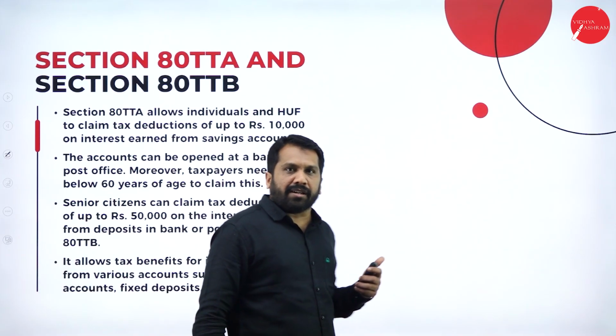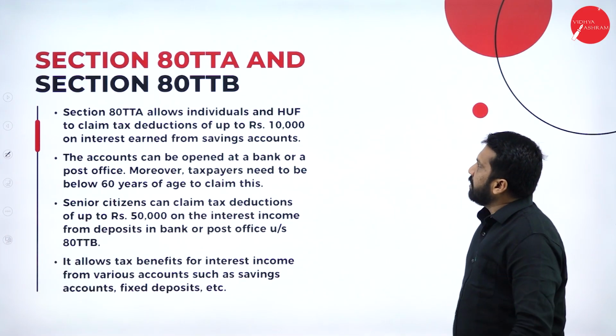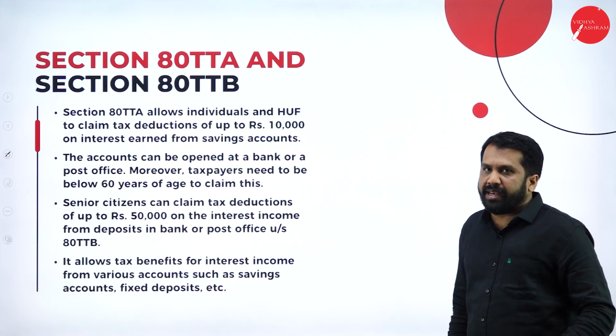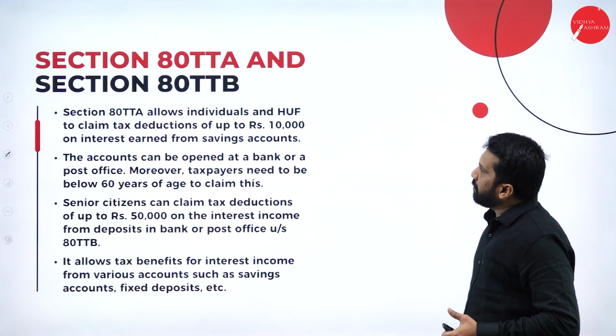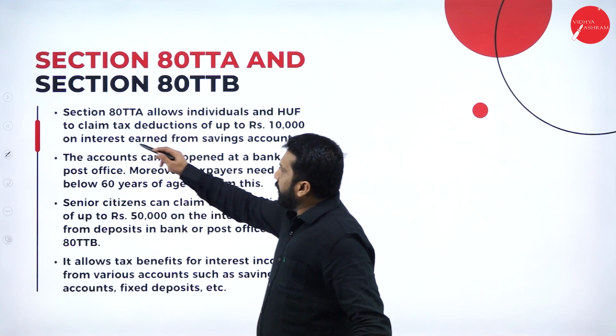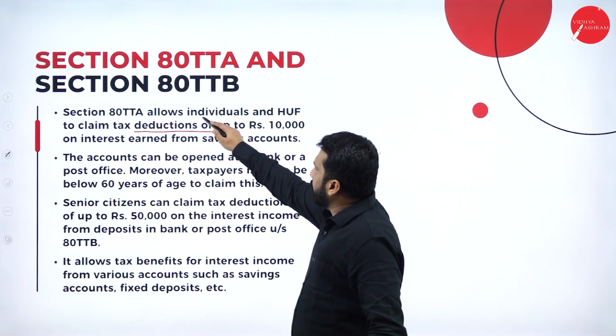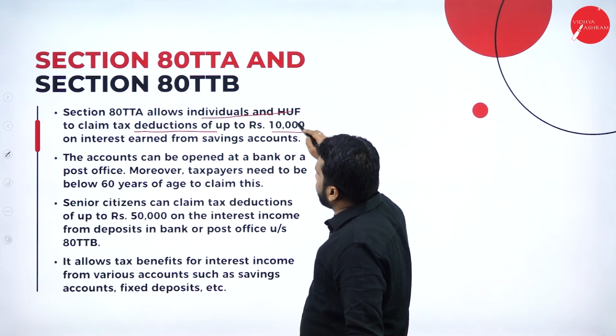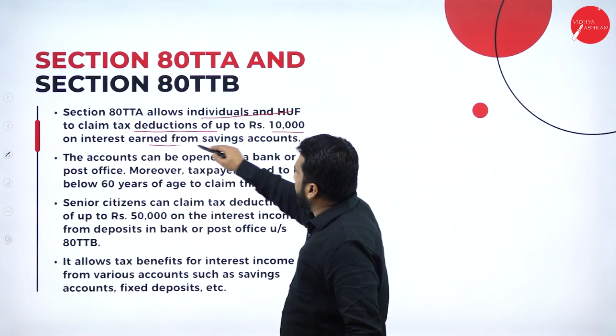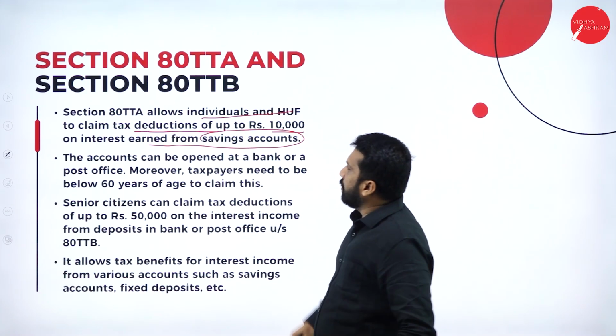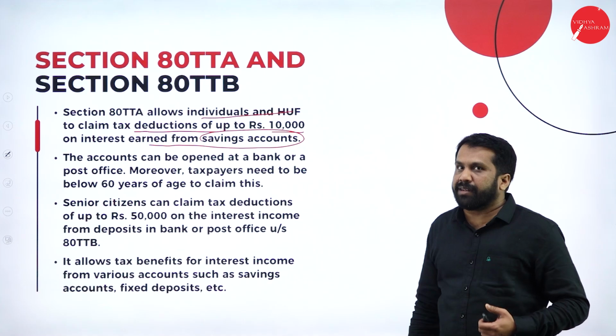Next one, once you are done with this, the next part will be section 80TTA and section 80TB. This is for HUF to claim the deduction. For individual and HUF, the maximum limit is 10,000. Interest earned from savings accounts, like you have many bank accounts, you have a deposit.